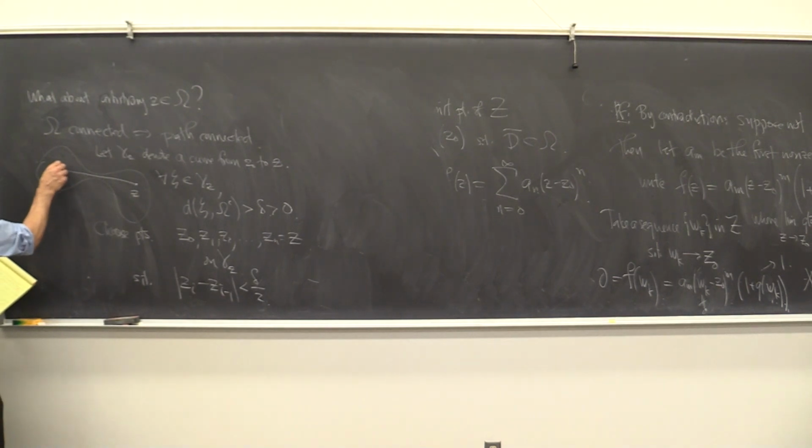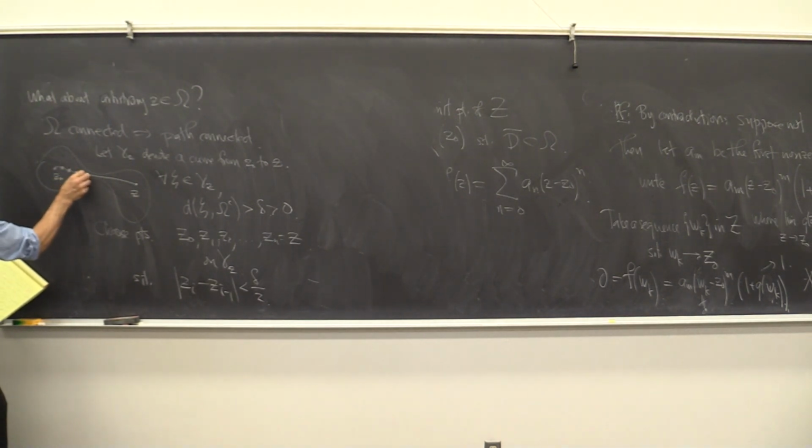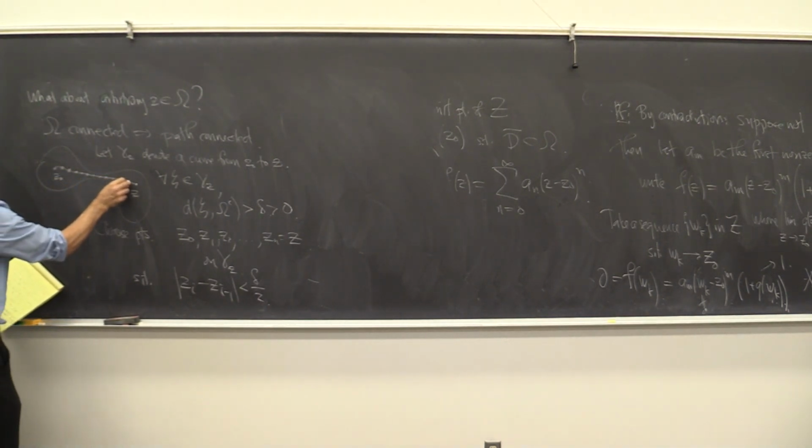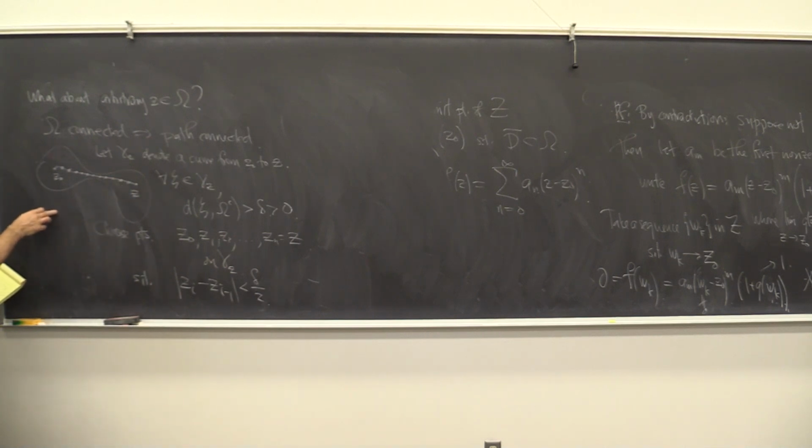So you get these points. The distance between them is always smaller than delta over 2. And then take a disk of radius delta about the first point.